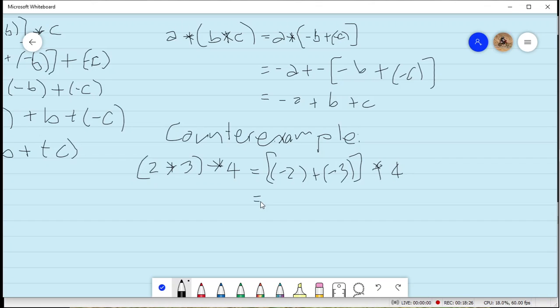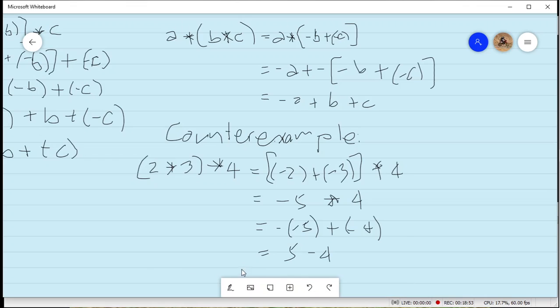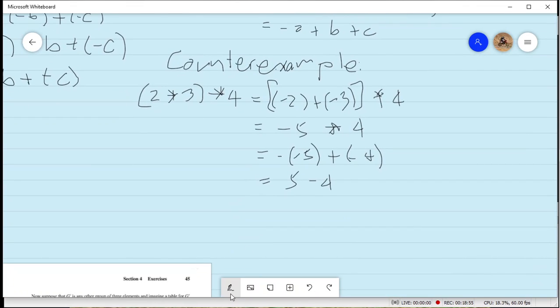So this would be equal to negative 5 operation 4, which gives negative of negative 5 plus negative 4, which should give 5 minus 4, or simply 1.